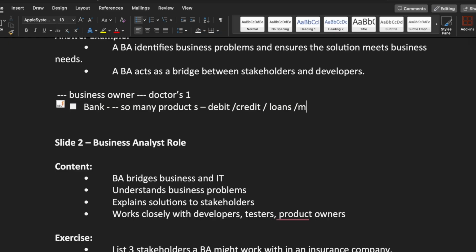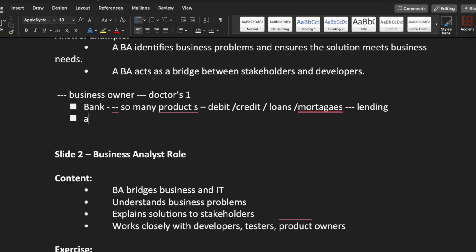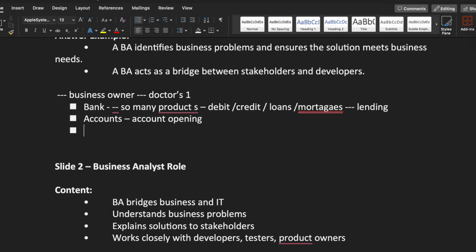We can call these all lending. Then account opening: checking account, savings account, deposit account. Someone is in charge of onboarding, someone important for the back office.